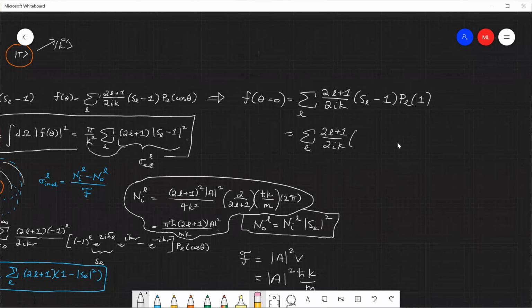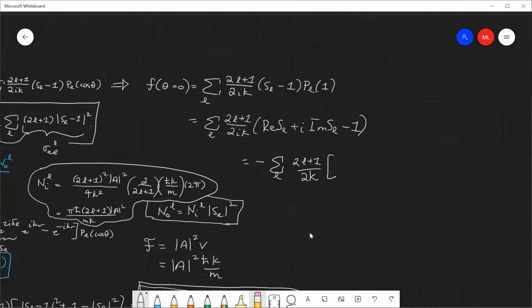And now we can break up the S into its real plus its imaginary part. And of course, there's a 1 over I. So this, I can multiply and divide by I, and I'll pick up a minus sign. And then what do I get?